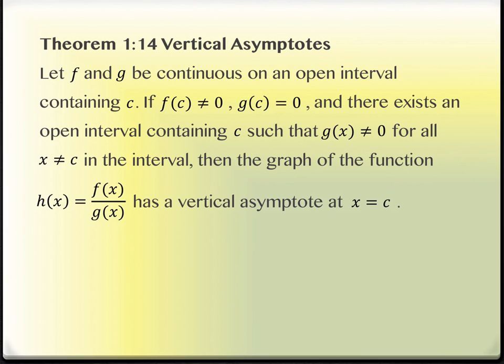If we have two functions, f and g, that are continuous on an open interval containing c, f of c is not equal to 0, g of c is equal to 0. Okay, so if you look down here how we're defining it, they're telling you that the numerator is not 0 and the denominator is. That's sort of the backwards way of how we've said a lot of our other limit theorems. Okay, so we're talking about what happens when the denominator is 0 but the numerator is not. Then for all x that are not equal to c in the interval, this rational function f of x over g of x has a vertical asymptote at that x equals c value.